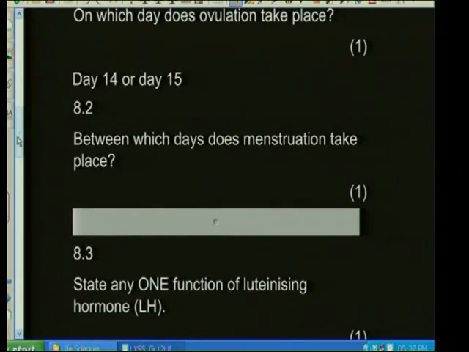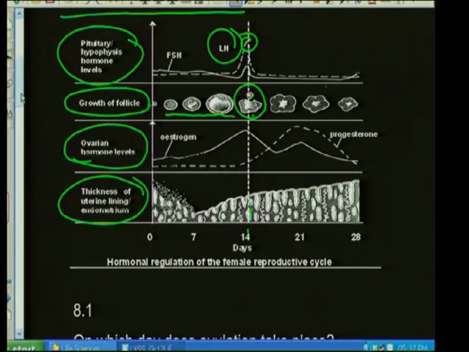Between which days does menstruation take place? What is menstruation? Menstruation is when the lining of the endometrium breaks away from the wall and is released from the vagina with bleeding. And how will it be indicated in a graph?